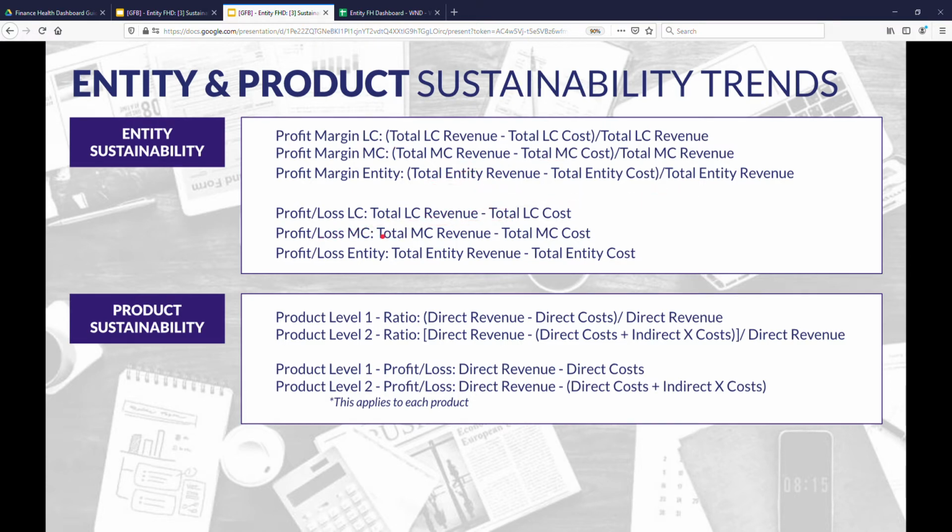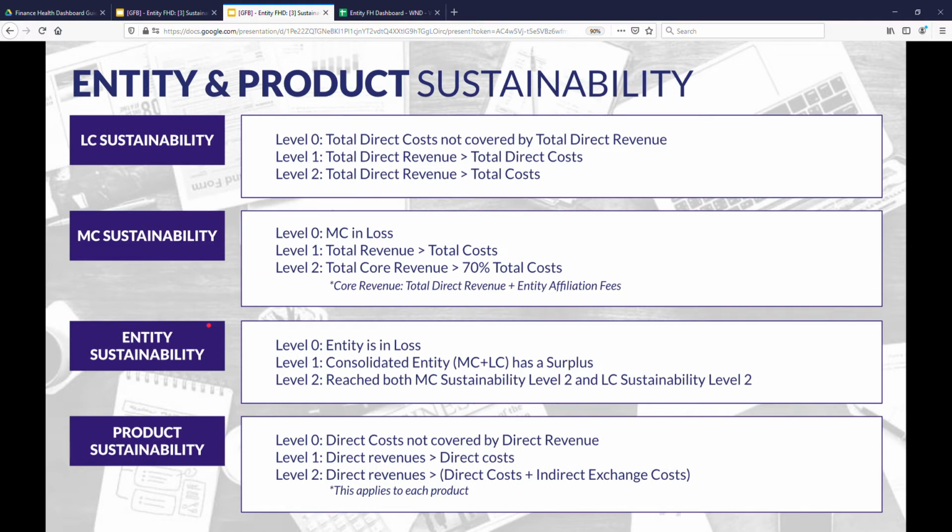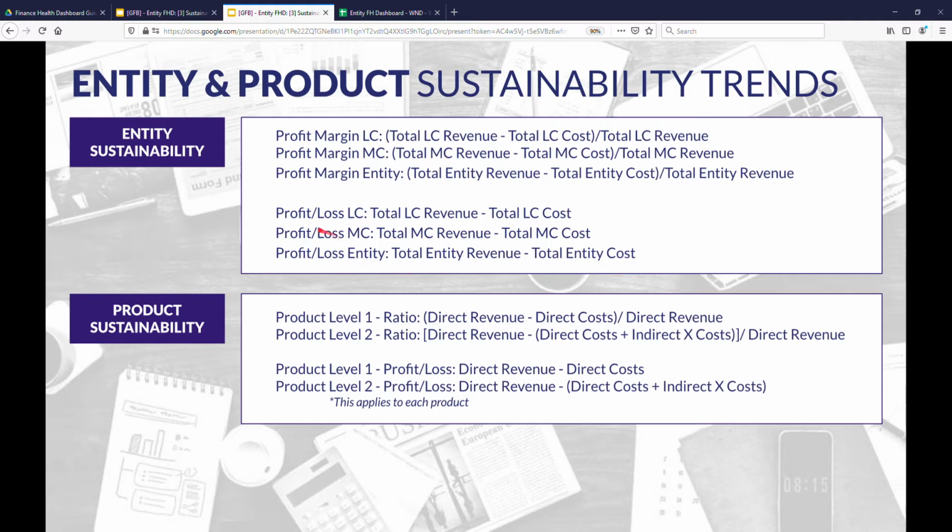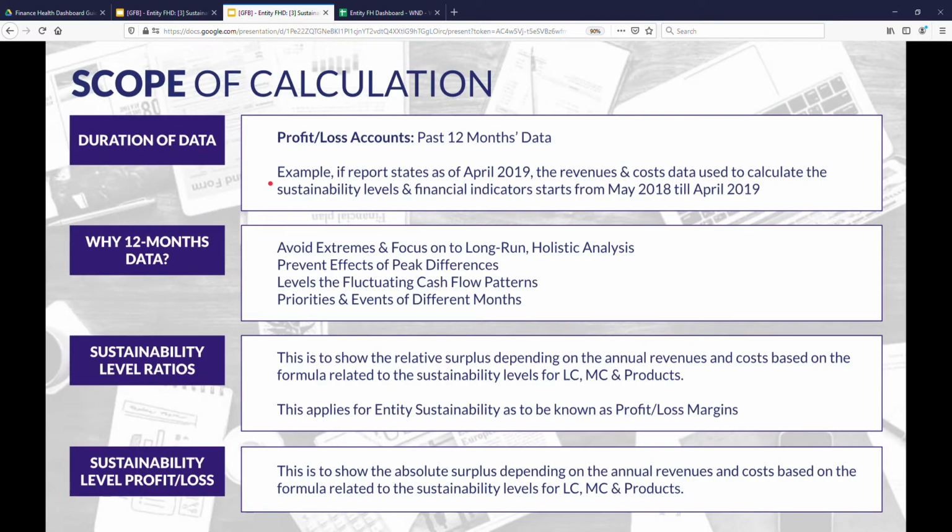The reason it was made like this, and not like level 1 or level 2 of the other types of sustainability, is because entity sustainability levels 0 and 1 are basically just profits. Meanwhile, for level 2 there's no special formula: you will reach it if MC and LC both reach level 2 as a whole. So since entity sustainability focuses on profits anyway, we just based it on profits.